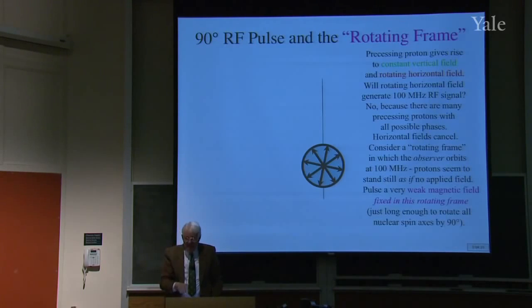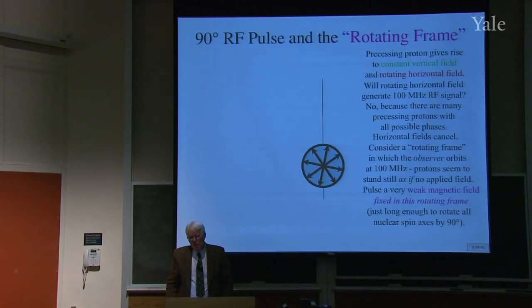And now there's a net field, right, that's oscillating in time. If we go back and take ourselves back to the laboratory and not spin around like that or orbit like that, we see this whole set going around like that.